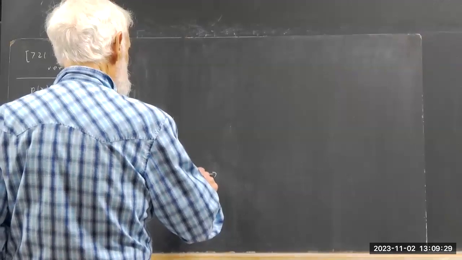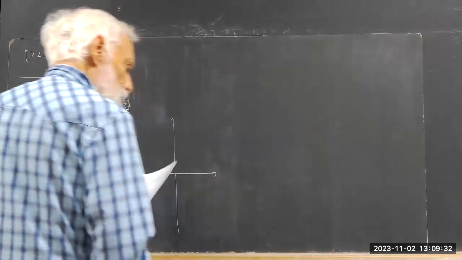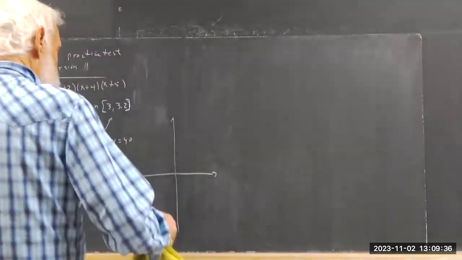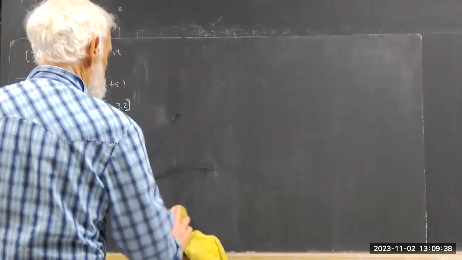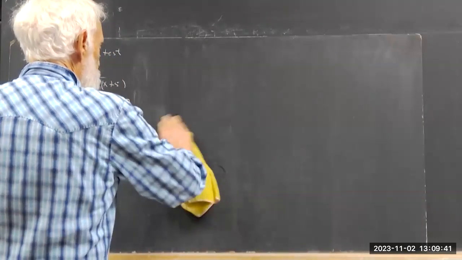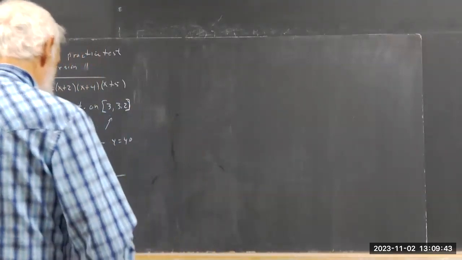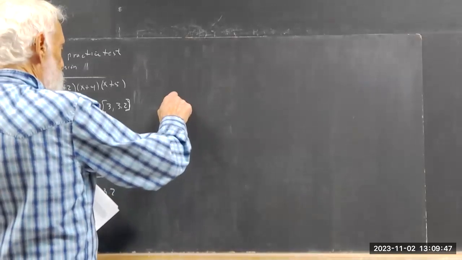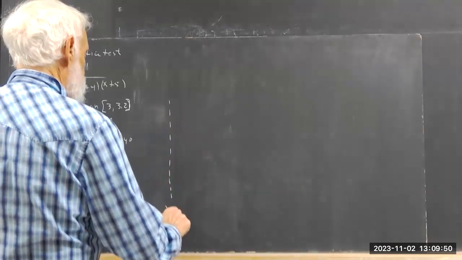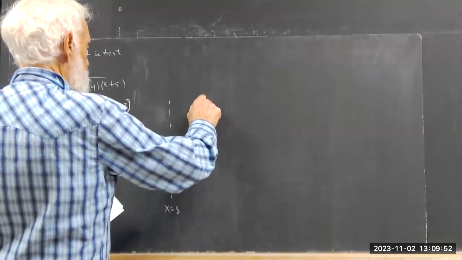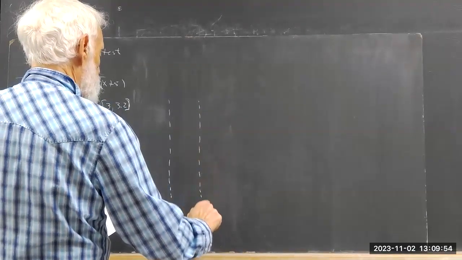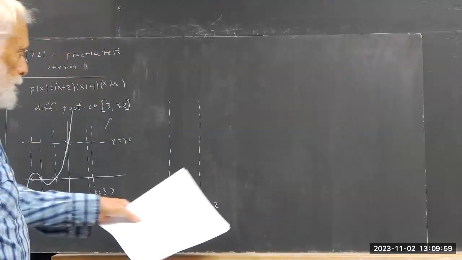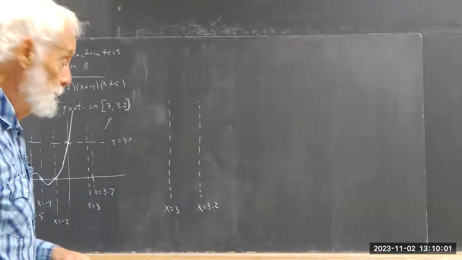We don't even want to have an x and a y axis here. The interval 3, 3.2. Here's the line x equals 3. Here's the line x equals 3.2.